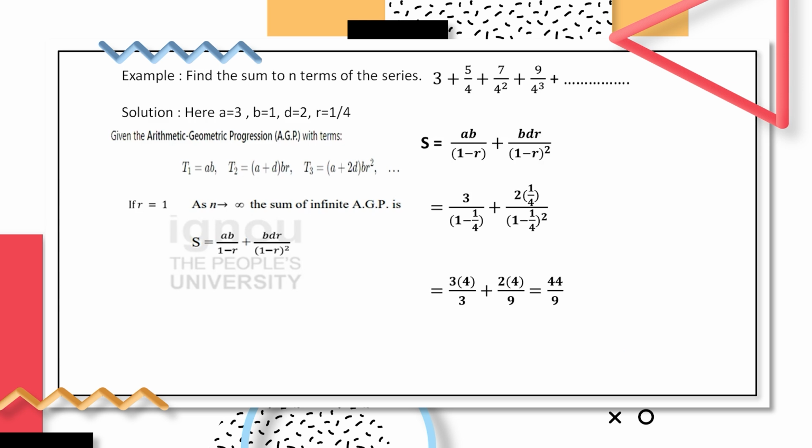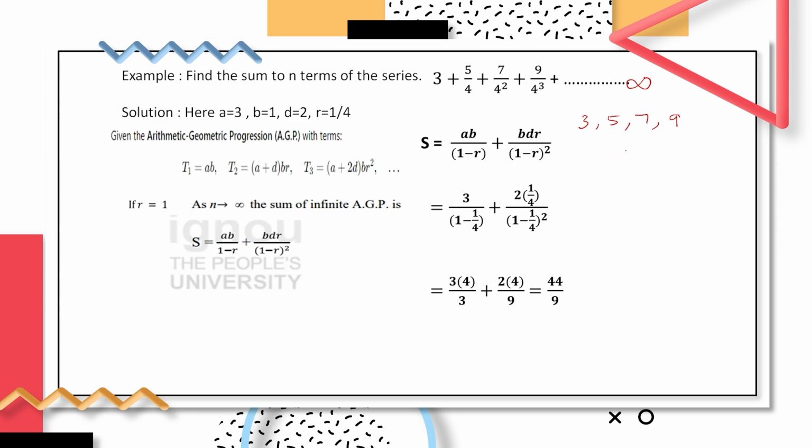Now, there is an observation you can make directly when looking at the example: find the sum of n terms of the series 3 plus 5 by 4 plus 7 by 4 square plus 9 by 4 cube. This sequence tends to infinity. In the numerator, we have the pattern 3, 5, 7, 9.